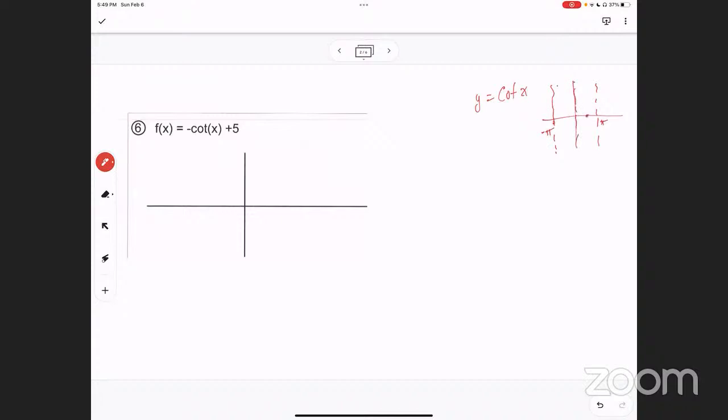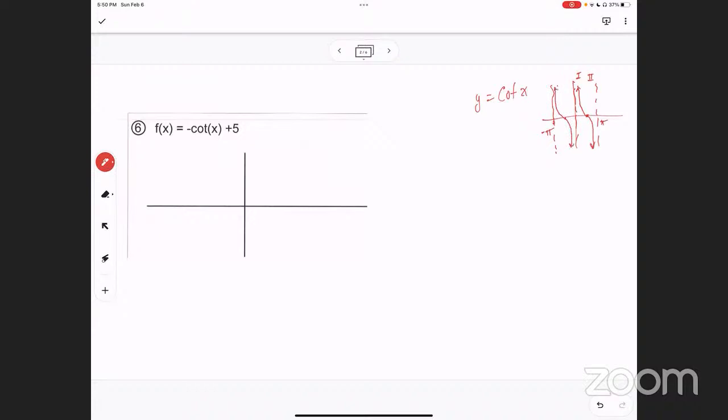So it's going to go like this. Because remember, this is your first quadrant. This is your second quadrant. And the cotangent is positive in your first quadrant and negative in your second quadrant. Okay? Yeah. Same with this. It's going to go like this.